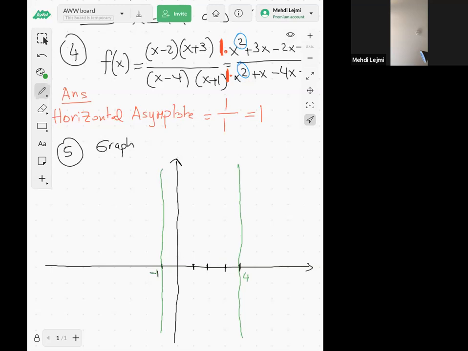The x-intercept. So we said x-intercept is x equal to 2. So here's my x-intercept, x equal to 2, and x equal to negative 3. So I'm going to need negative 3 here. The y-intercept, we said it's 3/2, right?